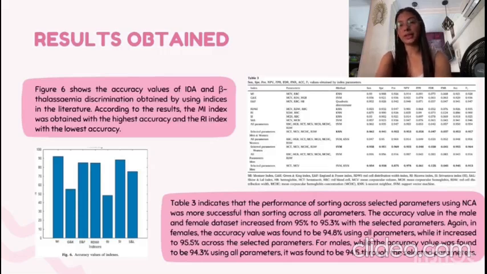Figure 6 shows the accuracy values of IDA and beta thalassemia discrimination obtained by using indexes in the literature. According to the results, the MI index was obtained with the highest accuracy and the RI index with the lowest accuracy.